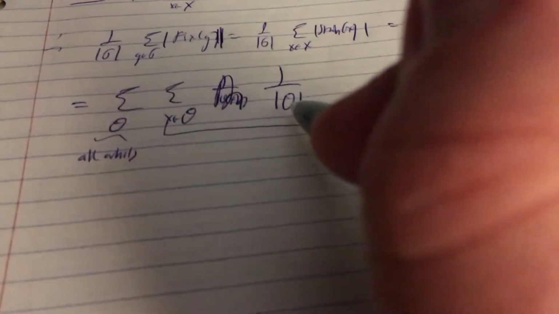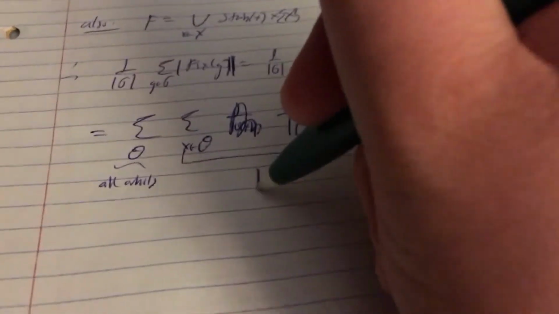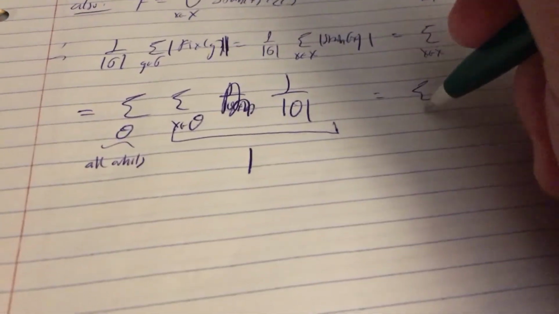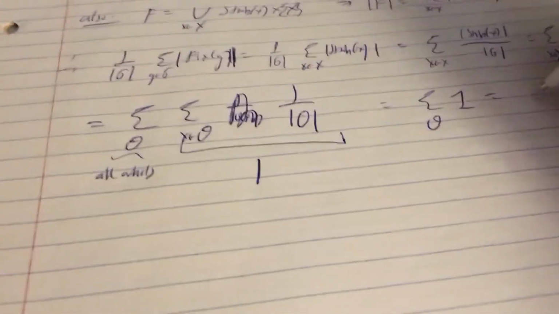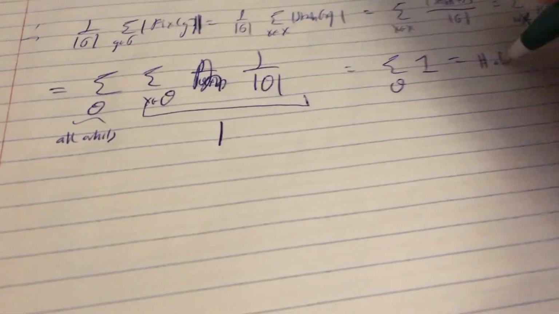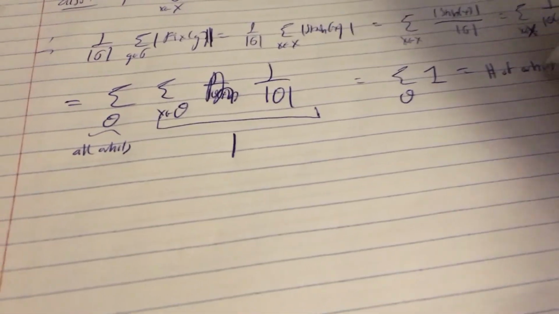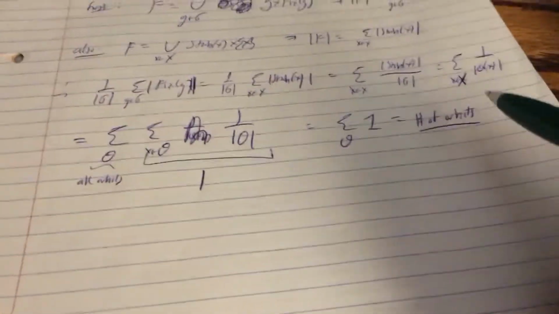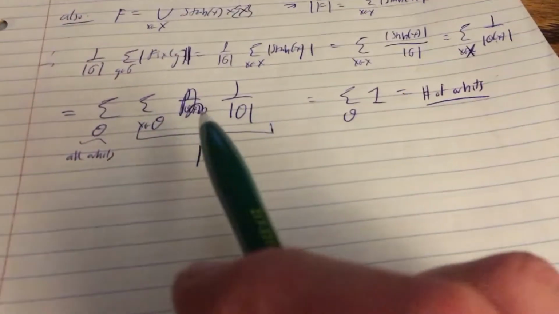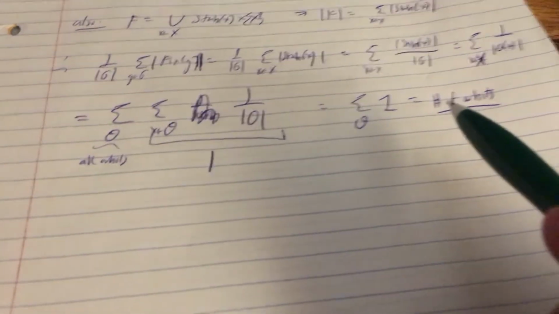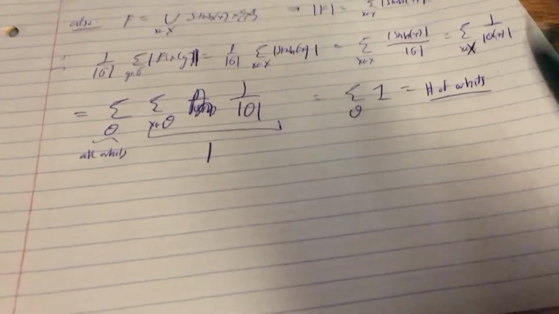So this sum is, I have a finite set O, I sum over all of its elements, and to each element I attach 1 over the size of that set. So this is just 1. So this is the sum over orbits of 1, and so this is the number of orbits. Somewhat miraculously, when you crunch this out, you actually just end up with a positive integer, which is the number of orbits.